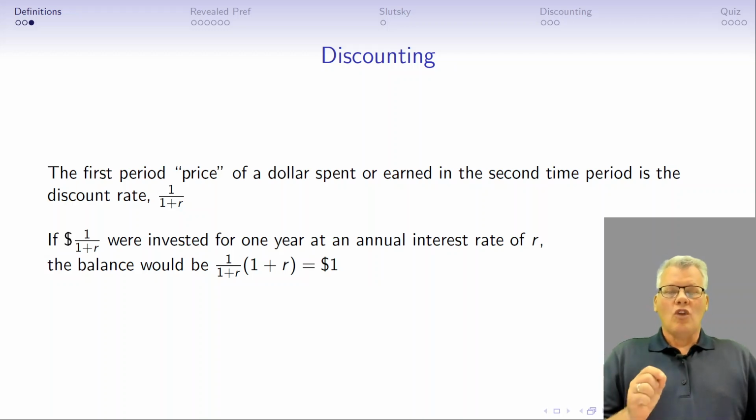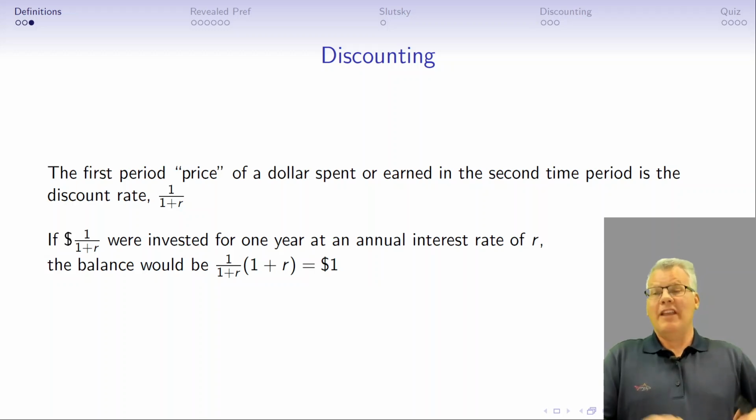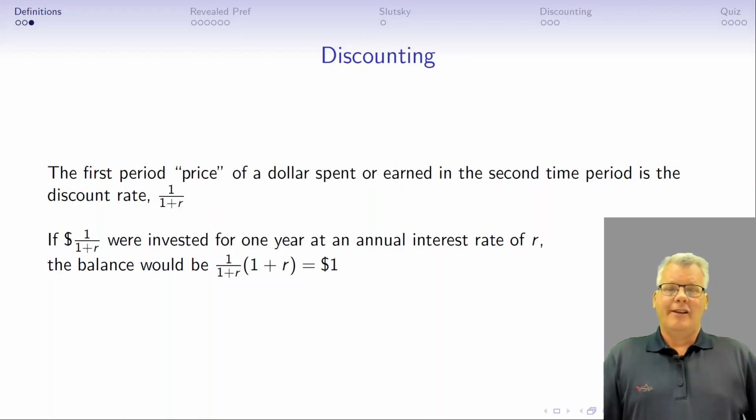So 1 over 1 plus R is the amount that I would have to invest for 1 year to receive $1 at the end of the year in combination of interest earned and the principal return. So that's the appropriate discount rate.